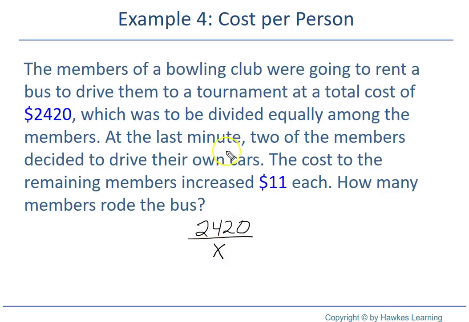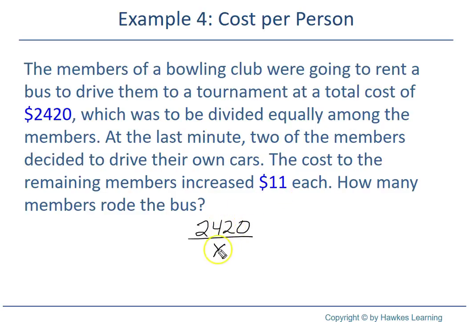Now, at the last minute, 2 of the members decided to drive their own cars. So the cost remaining for those members, because 2 of them were not going to contribute, increases to $11 each.